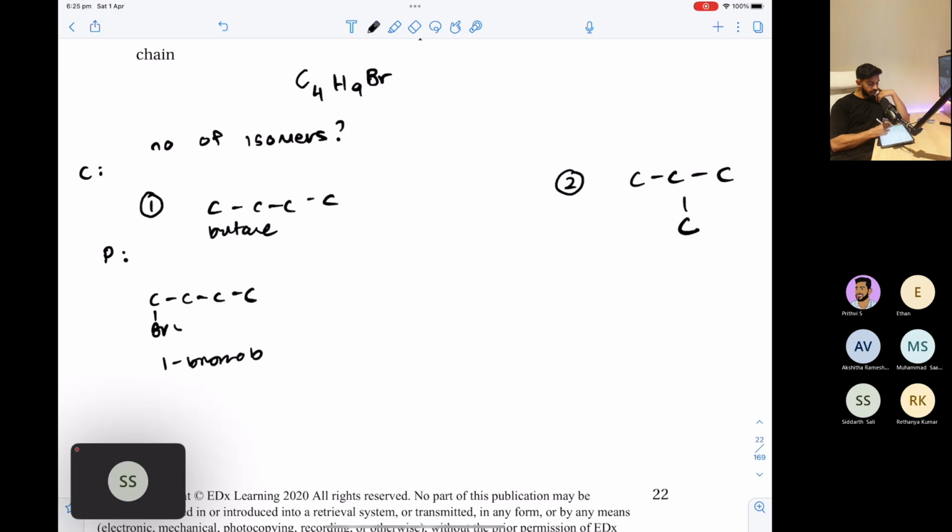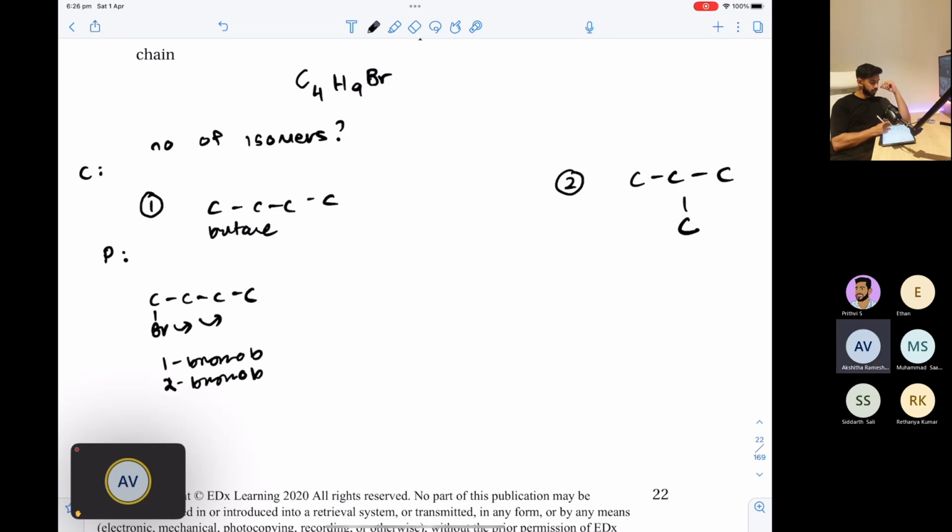What if I moved it? To be exhaustive, I move it in every position possible. At your stage now, you should be moving the alkyl groups everywhere you can. What if I move it here? What would it be called? 2-bromo. Good. So now we have a 2-bromobutane. What if I move it here? What would it be called then? 2 as well.